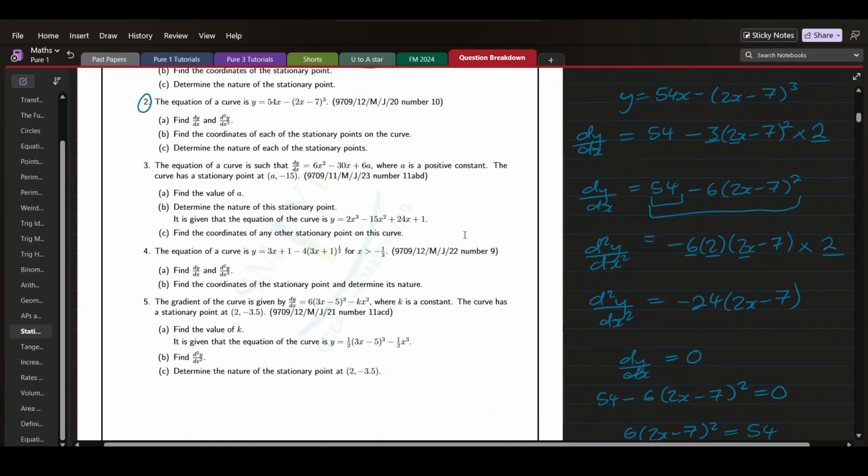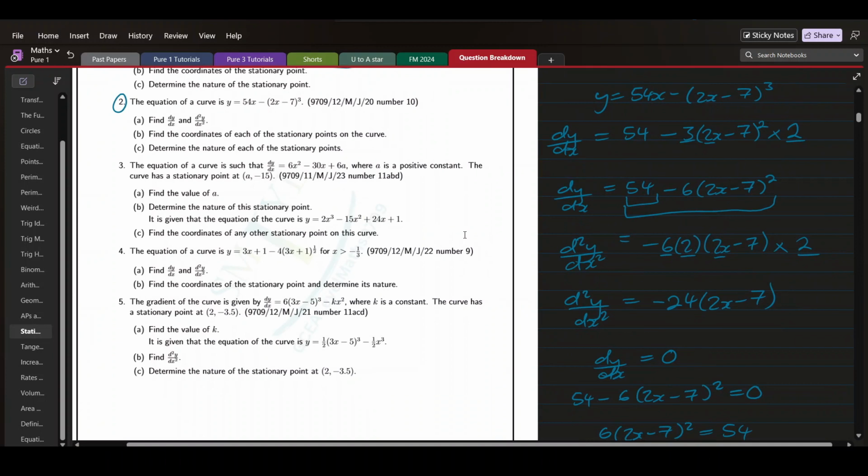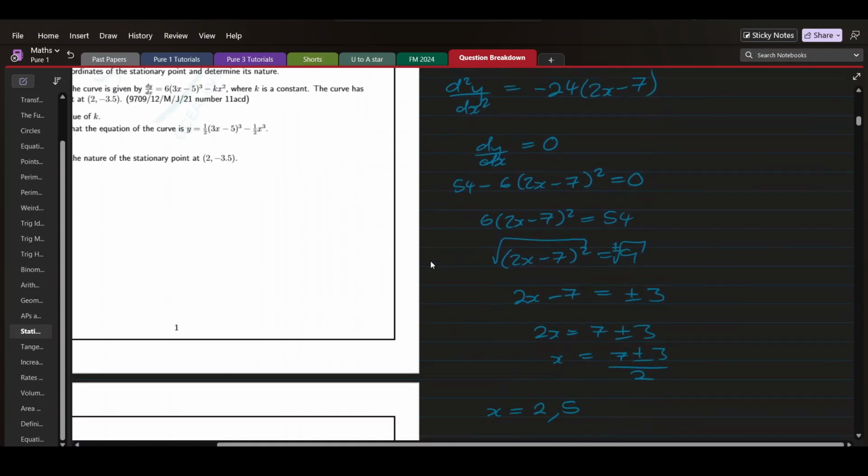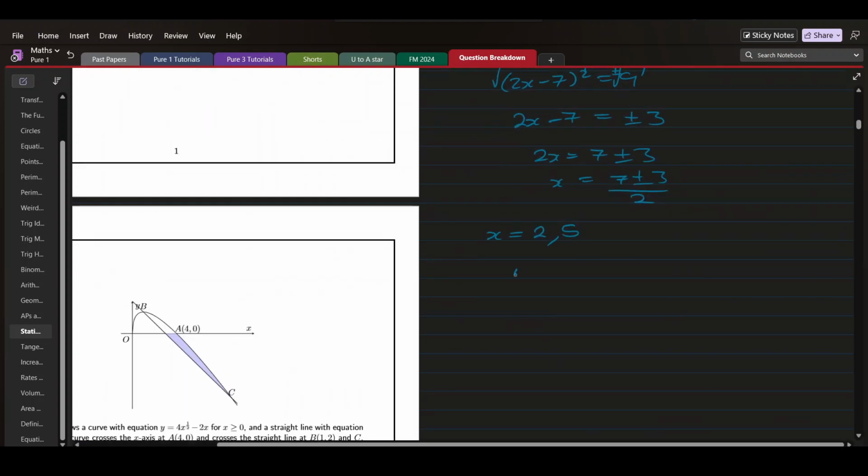We need to evaluate the y coordinates. For that, we need the equation of the curve, y equals 54x minus (2x minus 7) cubed.